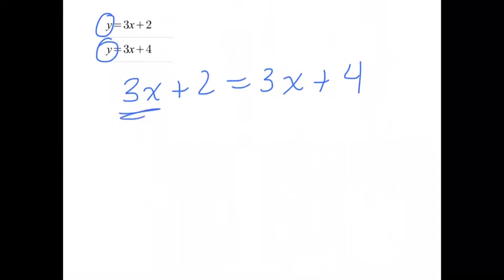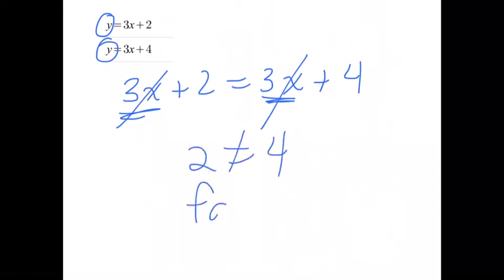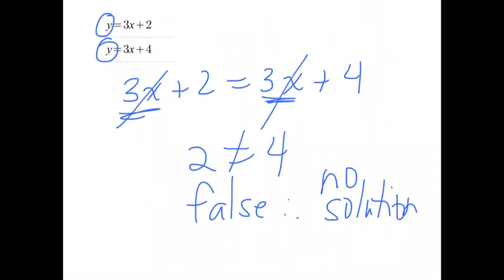If 3x, or 3 times some number, plus 2 has to equal 3x plus a number 4, and 3x and 3x are already equal, then that means that 2 has to equal 4. Well, we know 2 does not equal 4, so we know this is false, and therefore there's no solution. So often when we get nonsense in our work, it's the math telling us there's no solution.